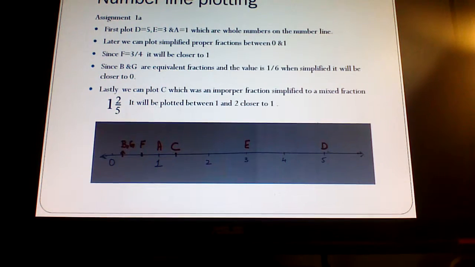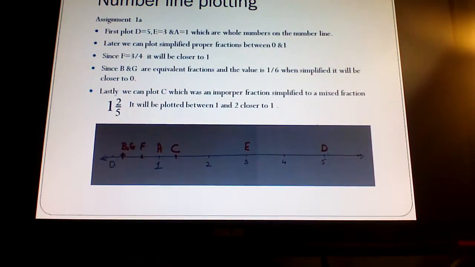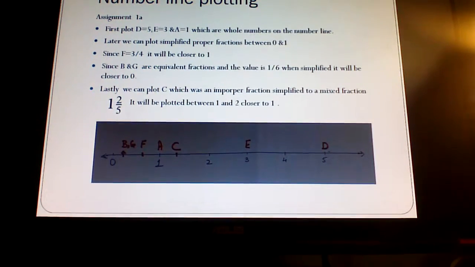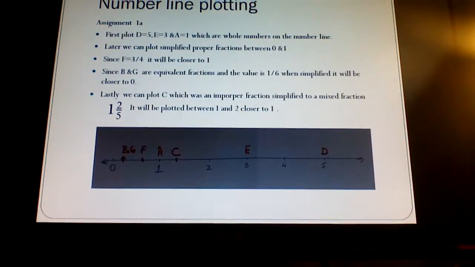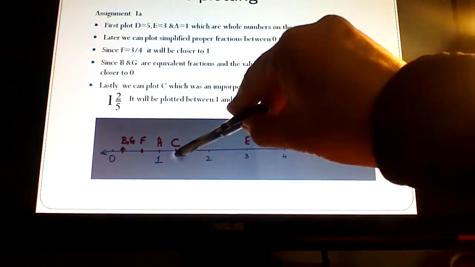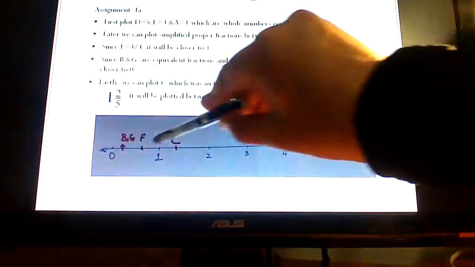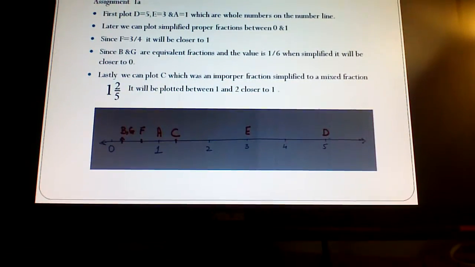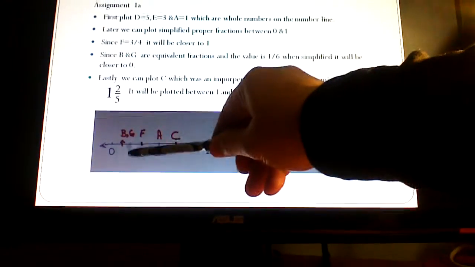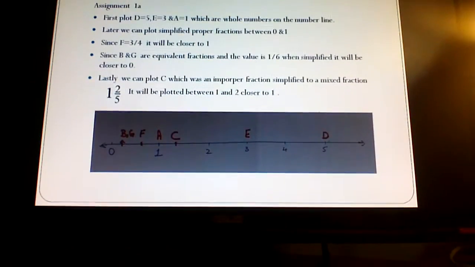Coming to plotting proper fractions which were simplified, F, having a value of 3 by 4, is closer to 1 and in between 0 and 1. It's because 3/4 is more than half, so it will be nearer to 1.